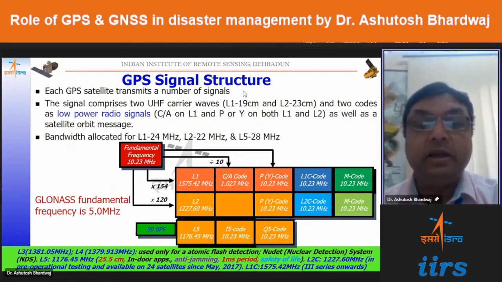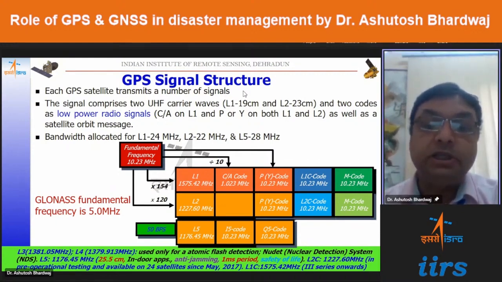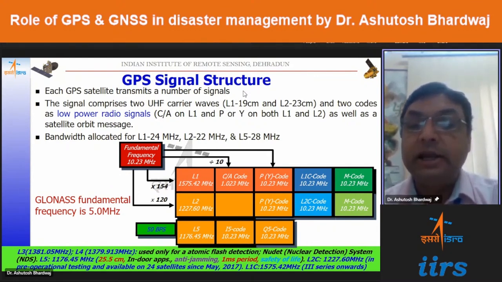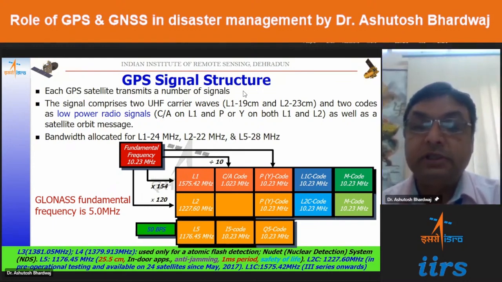The L5 has added value into the system because it is capable of providing indoor applications, anti-jamming features are there, and safety of life signal capabilities are also there in the L5.